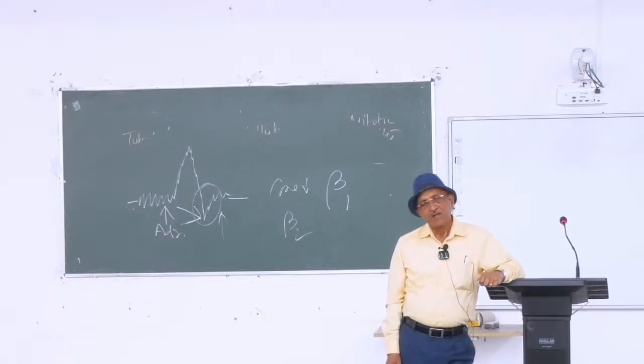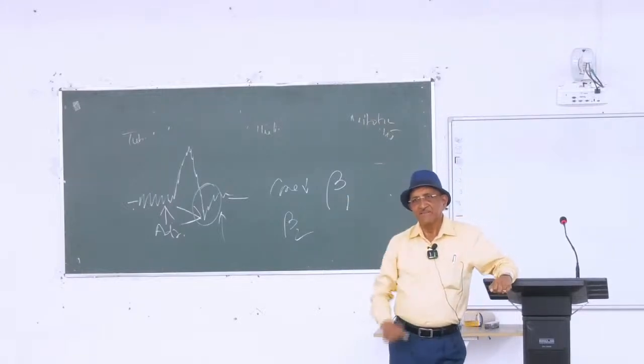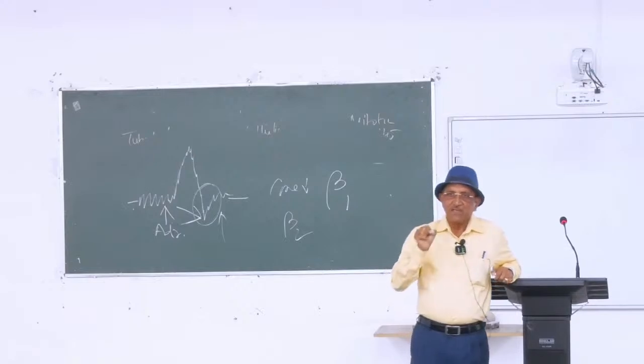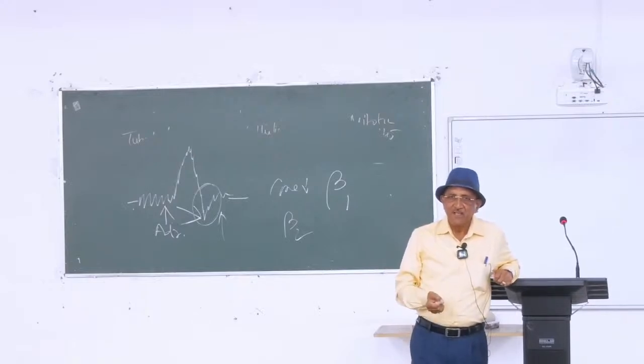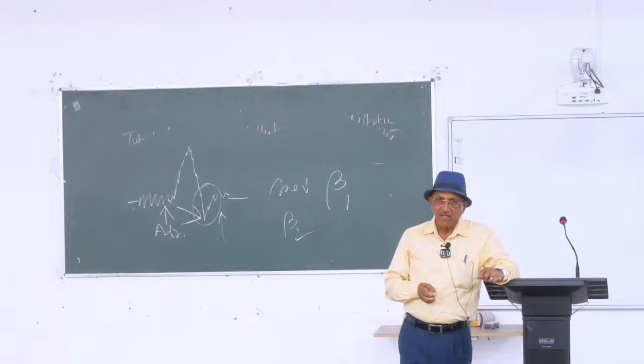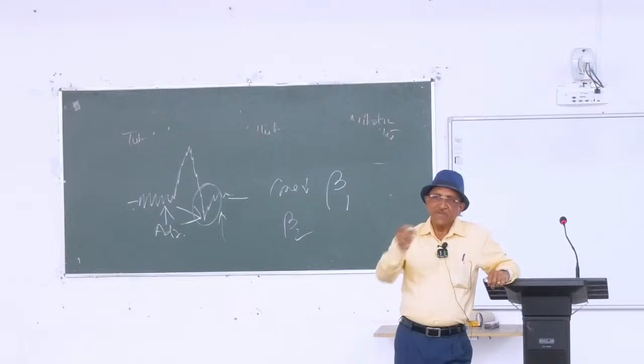You remember there is a reuptake. So endogenously released adrenaline, the concentration at the neuroeffector organ will be diminished by reuptake. Maximum will be reuptaken by the nerve ending, that is the reuptake 1.